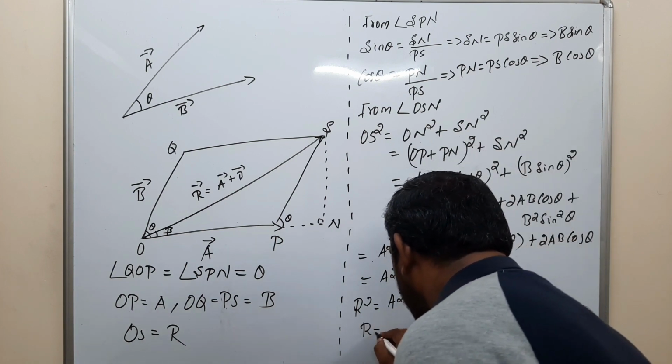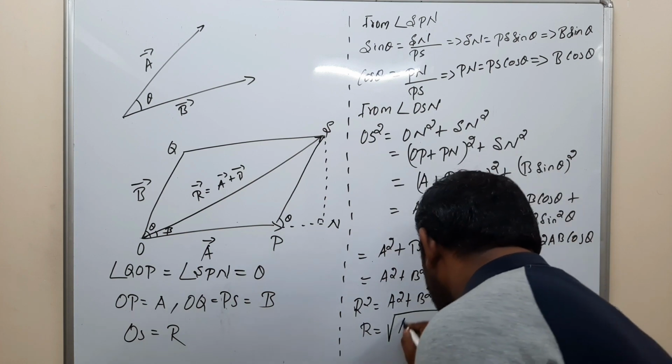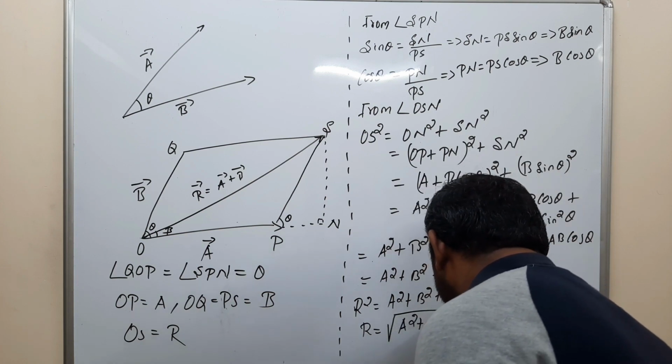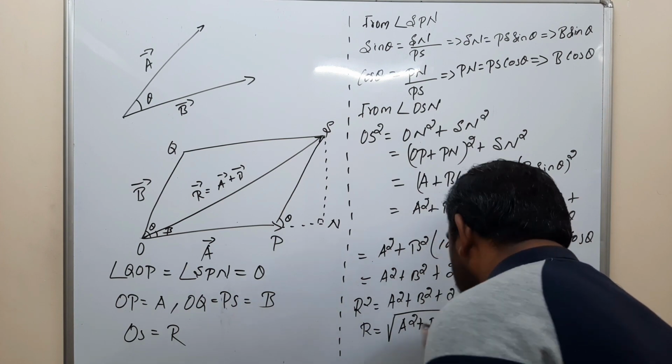So the magnitude of the resultant R is the square root of A square plus B square plus 2AB cos theta.